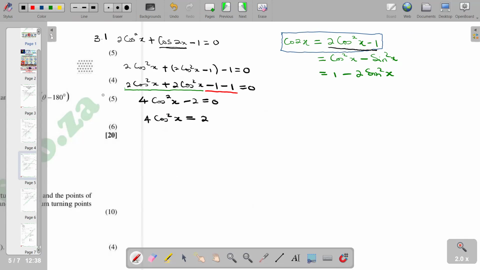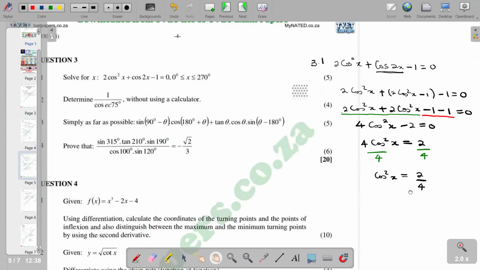Then divide both sides by 4. So we are now going to be left with cos squared x equal to 2 over 4.